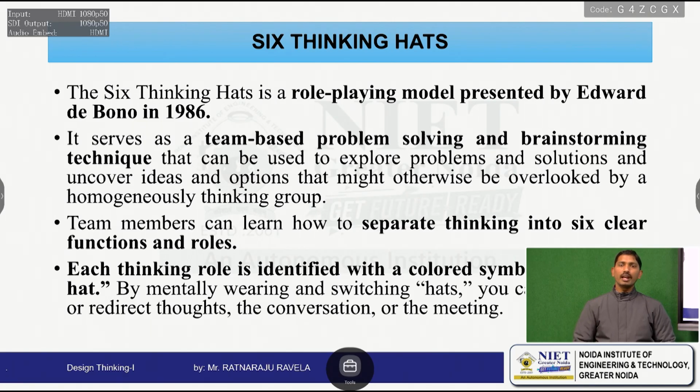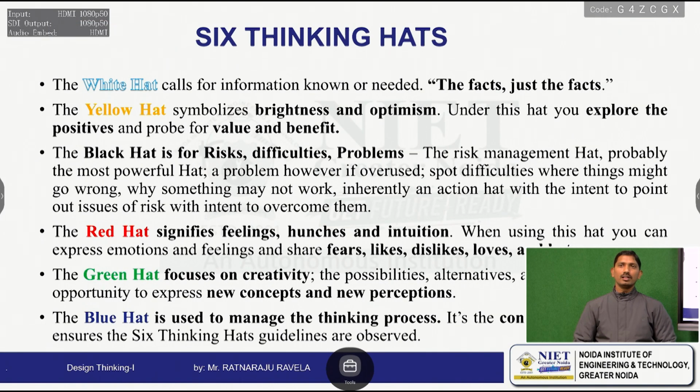Each thinking hat is identified with a color symbol. By mentally wearing and switching hats, you can redirect the conversation or the meeting. We switch our mind while wearing one particular hat to think and concentrate about that particular idea.